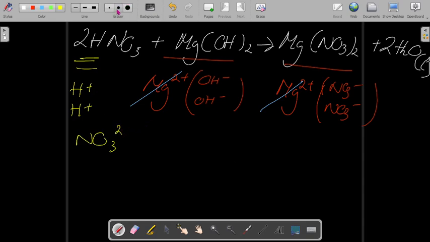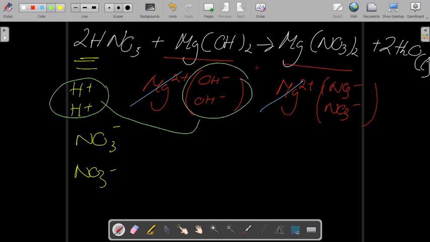Sorry, I don't know why I did that. It should be just 1 negative. Okay. But there were 2 of them because there were 2 molecules of these. And those 2 hydrogens traveled and attached themselves to those 2 hydroxides and created the 2 waters right here.